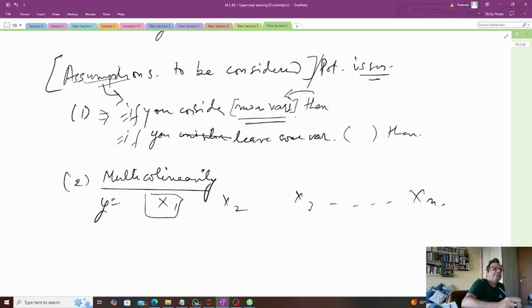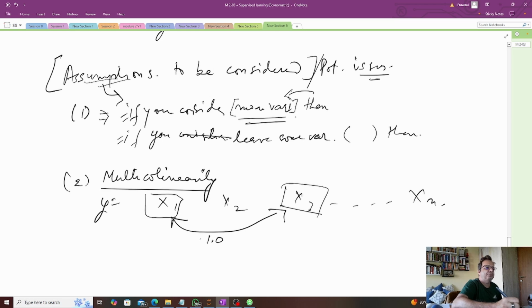Assume that your x1 and say x3 are so much related to each other that they are collinear, or the coefficient of collinearity is 1.0, which means that they are extremely collinear with each other. So considering both of them is going to create a problem. You can just leave apart one of them and pick up the other one.